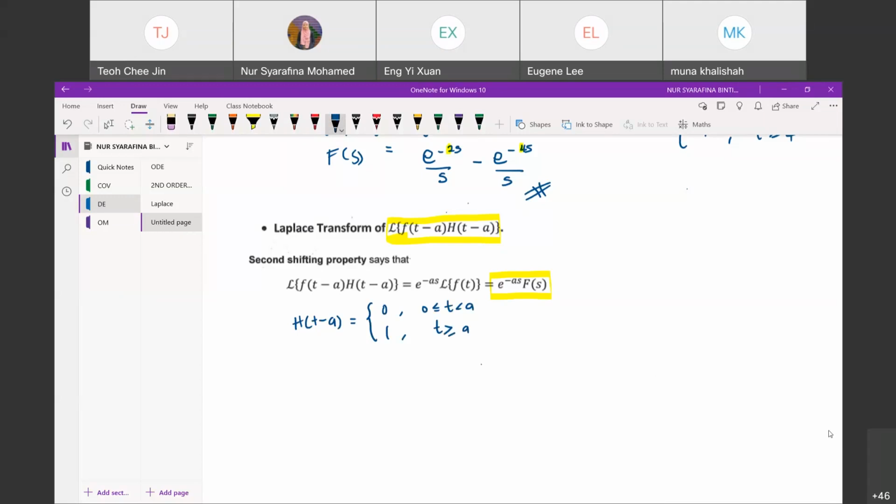Okay, now you have f(t minus a) h(t minus a). So just multiply by f(t minus a): 0, 1.